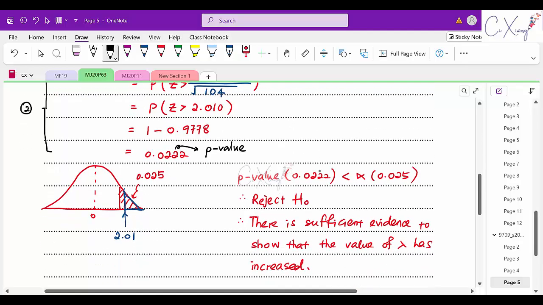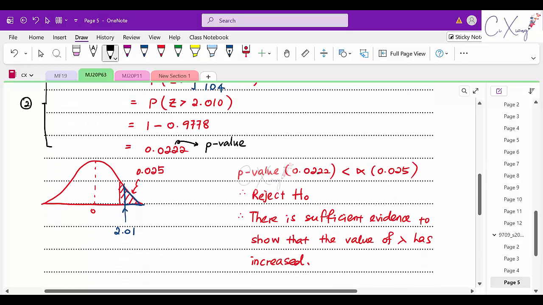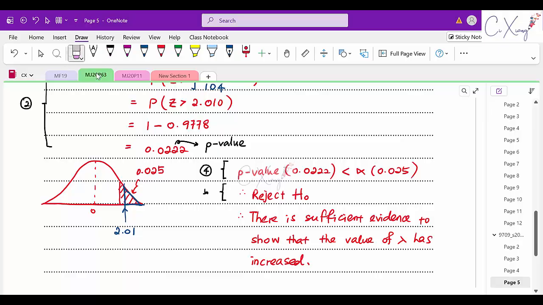Then the third step is the comparison statement and decision. And after that, don't forget the conclusion in the context of the question. All right, so this is how we answer question number 3.